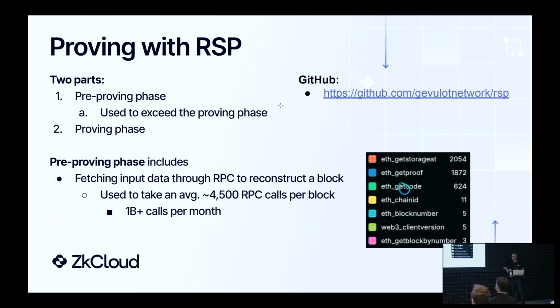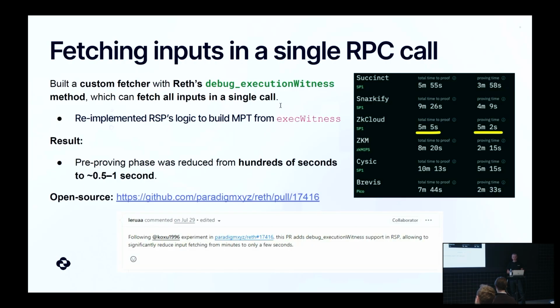It took something around 4,000 to 5,000 RPC calls, mainly eth_getStorageAt, eth_getProof and some others. It accounts for over 1 billion calls per month. The back and forth of all these calls used to take several minutes, even for an average block, and because of that, it was really a headache.